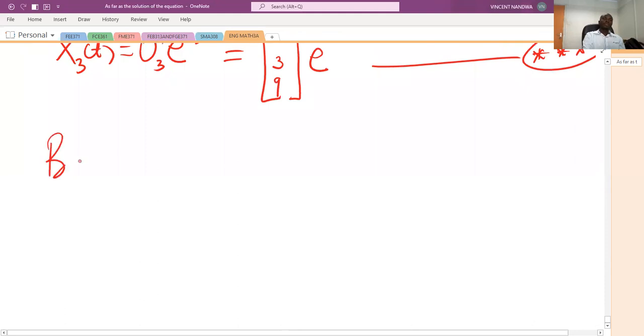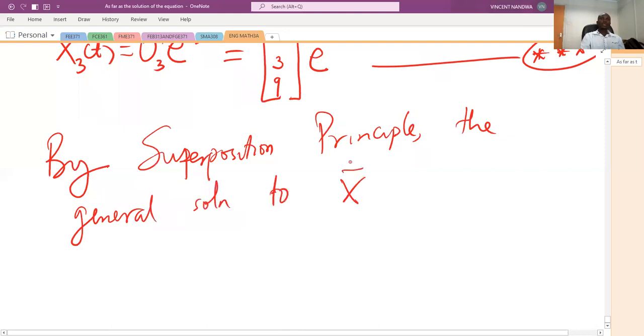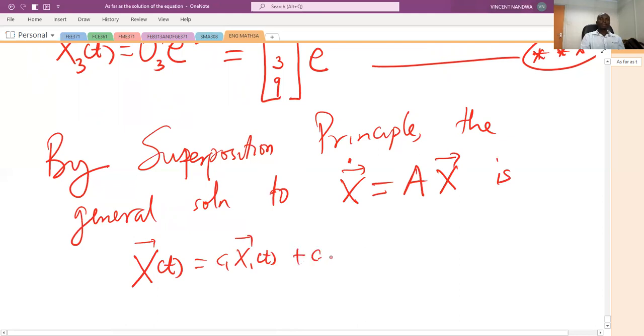So by the superposition principle, the general solution to the equation x dot equals Ax is x of t equals c1 x1 of t plus c2 x2 of t plus c3 x3 of t.